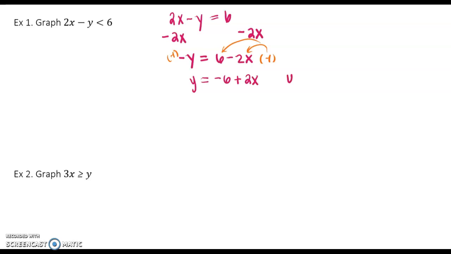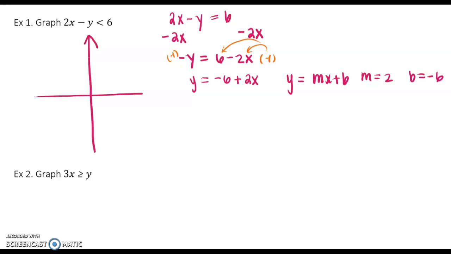So this is y equals mx plus b. Remember the thing next to the x, that's your slope. So that would be 2, and b would actually be negative 6. All right, so let's go ahead and graph that. I set up the graph here, and the y-intercept is negative 6.